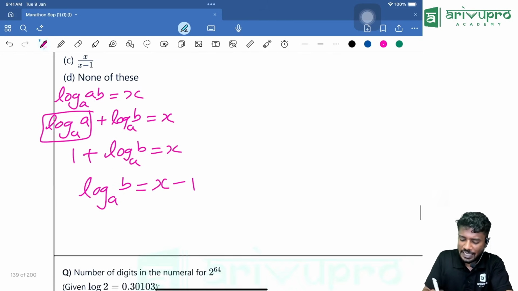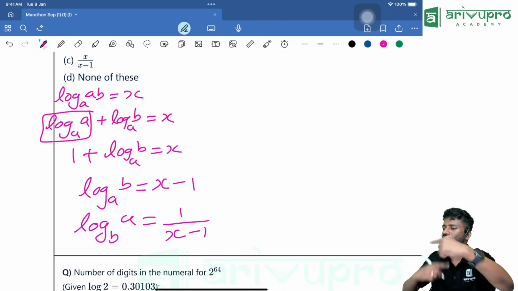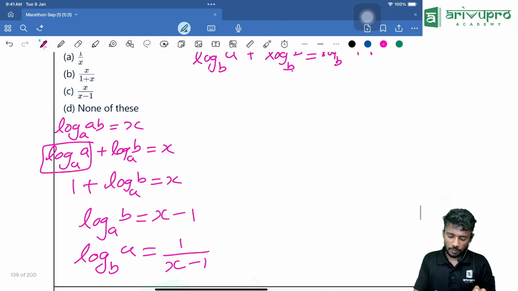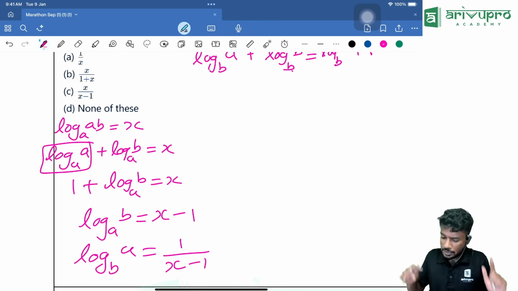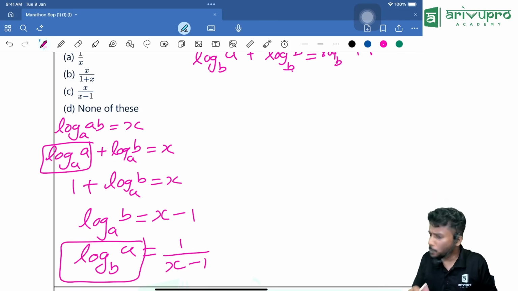When we take the inverse of logarithm, log of A to the base B can be written as 1 divided by X minus 1. When we reverse the base and the value, it changes to the reciprocal. Now we have the value of A to the base B.